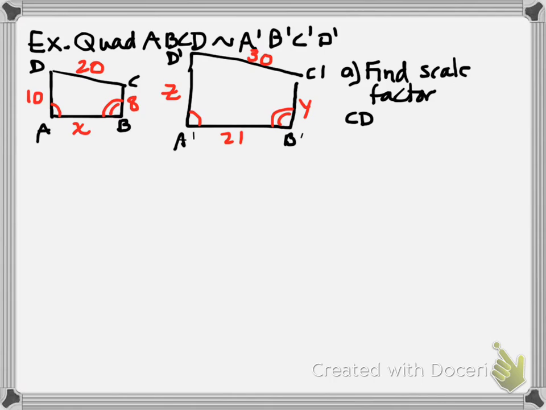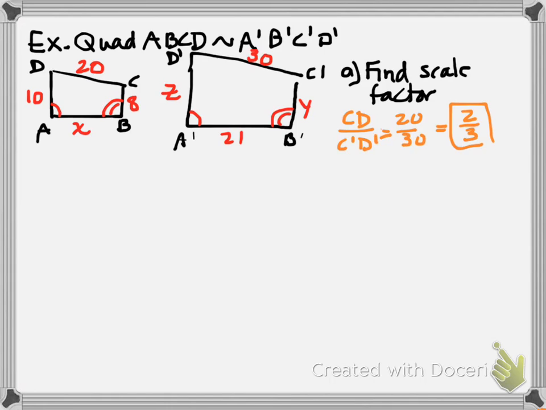Now, I'm going to keep things in the order that it was given to me. Actually, let me change this color. In the original information, we're going to have CD is to C prime D prime as 20 is to 30, and then we simplify it and we get 2/3.